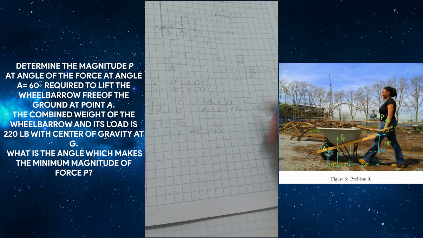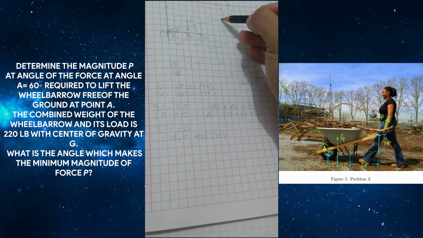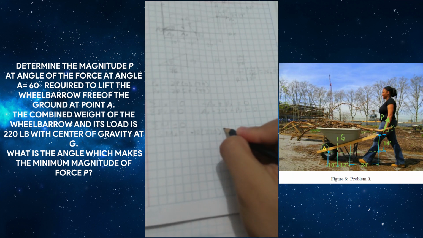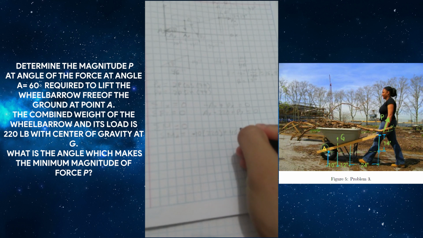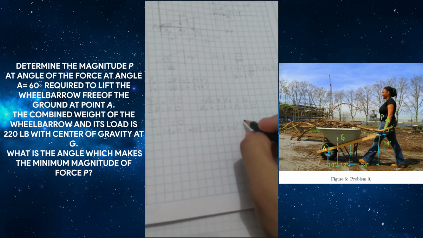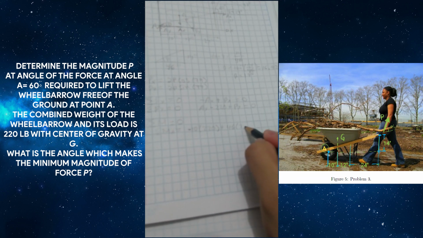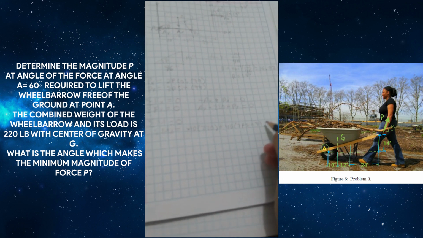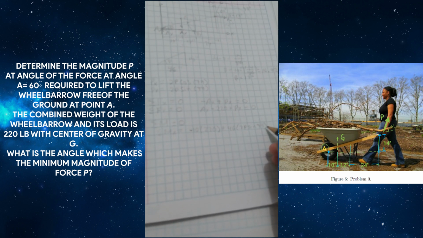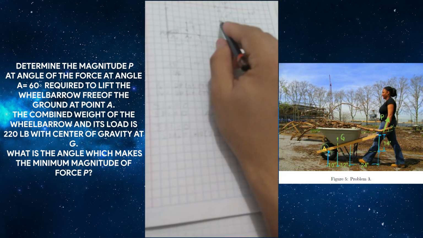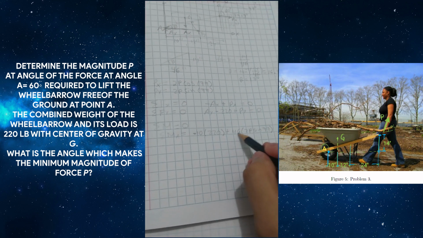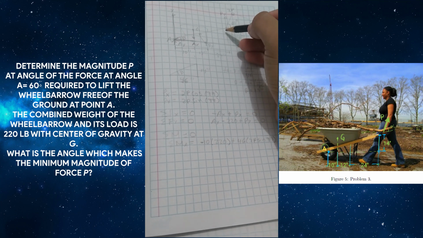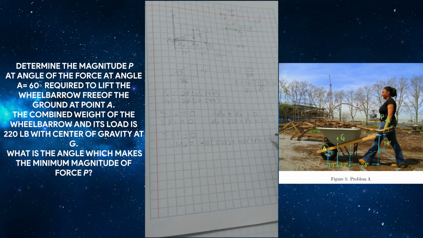The next moment is 46 times Py, but Py is 2 times P sine of 77, and this is positive because it is turned counterclockwise.